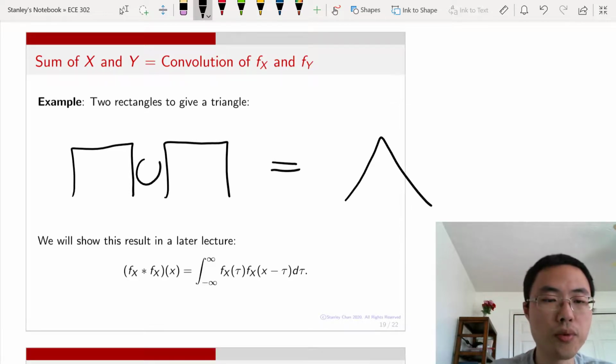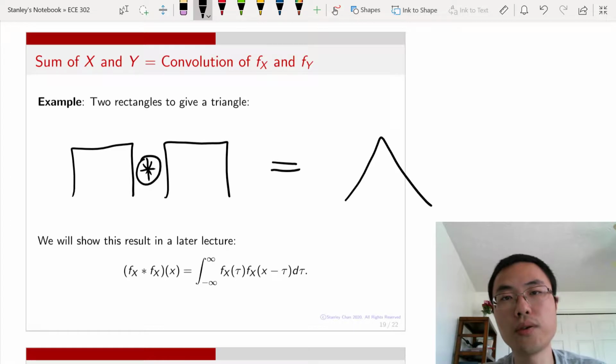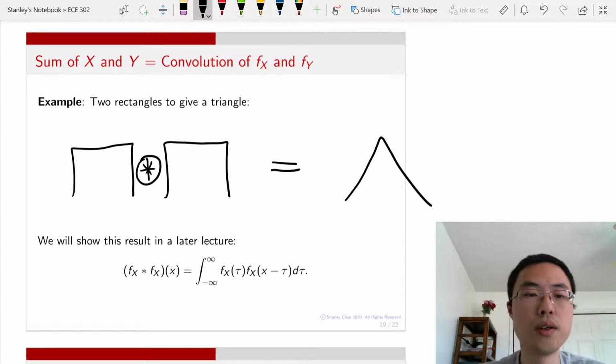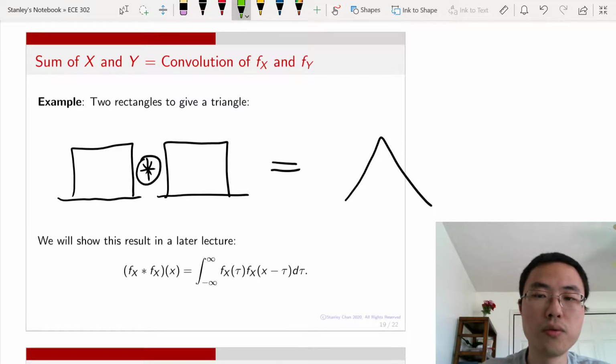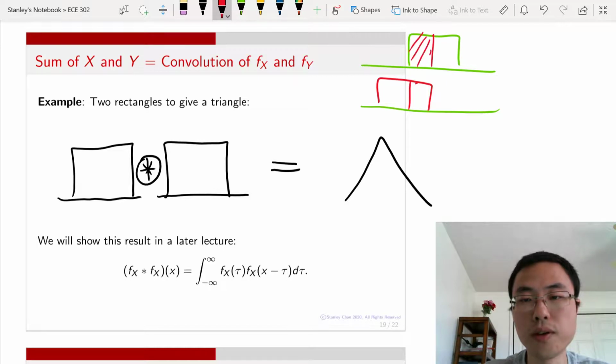What kind of operation do you need to do between a rectangle and a rectangle to get a triangle? This operation is called a convolution. How does it work? Well, you have this rectangle here, and then you have the other rectangle, and the convolution will flip this rectangle over, and then try to overlap these two, and then integrate.